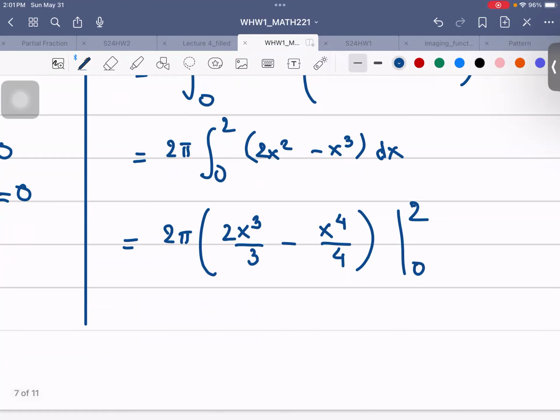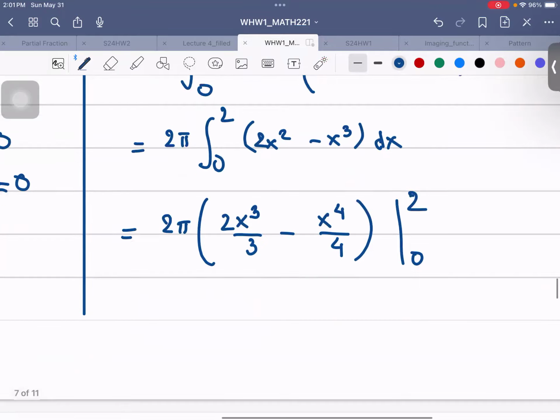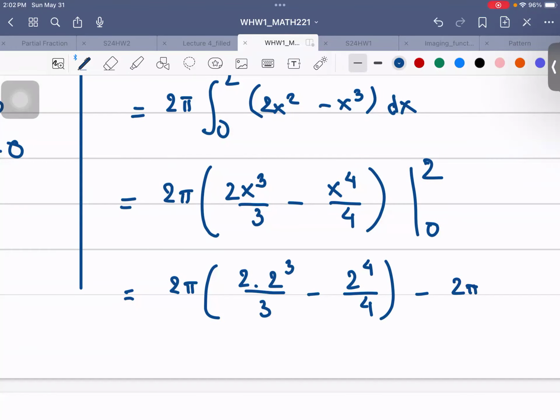Okay, so I believe when you plug in 0, it's not a big problem. You just simply have 0, and then you plug in 2. So we have 2 pi times 2 times 2 cubed divided by 3 minus 2 to the power of 4 divided by 4. Subtract 0. I mean, subtract 2 pi times 0.